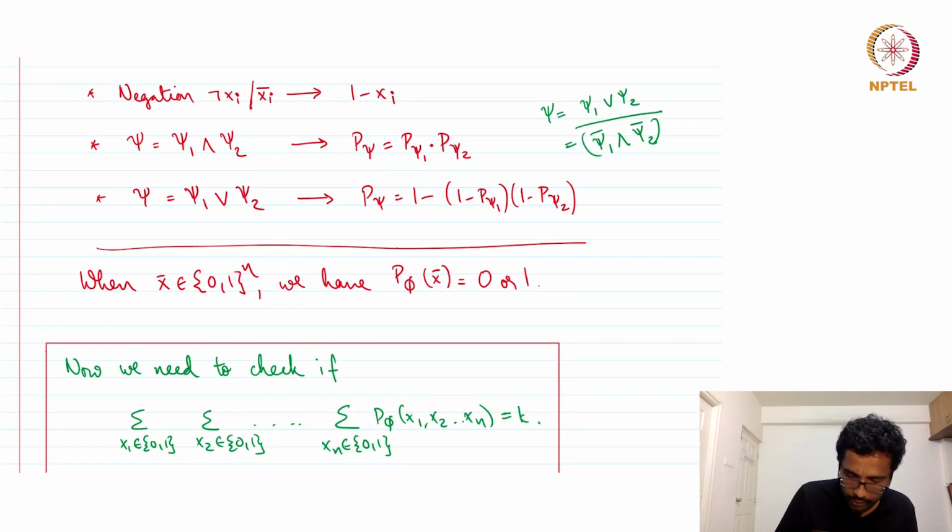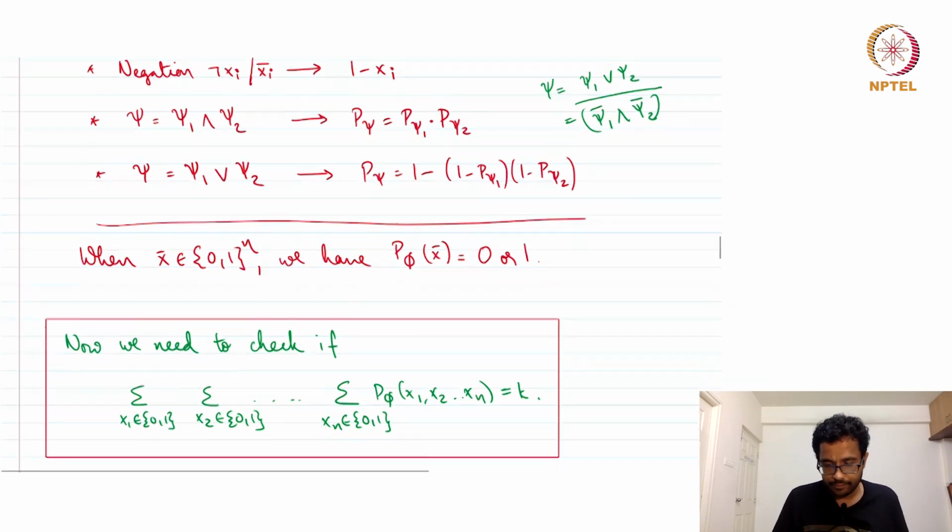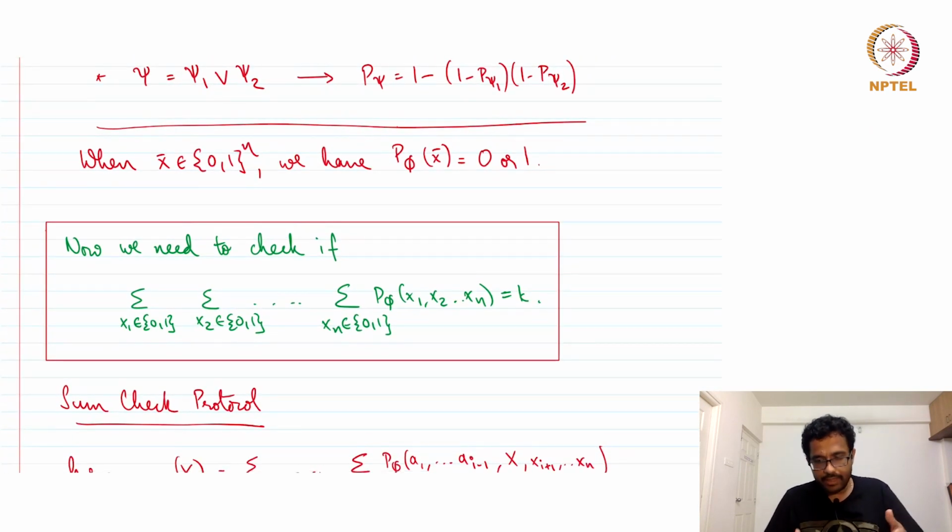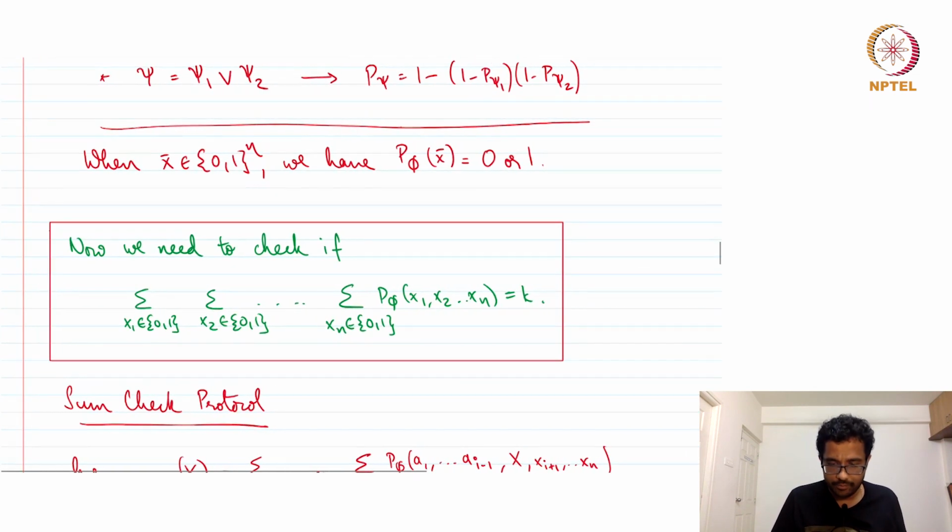This is a very easy computation, the derivation of this polynomial. Both the prover and verifier could do this independently, right? It's not something that is very difficult to do.